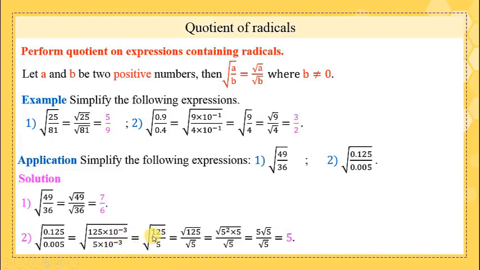By simplifying we get radical 125 over 5. This is equal to radical 125 over radical 5, which is equal, by using prime factorization, to radical 5 squared times 5 over radical 5, which is equal to 5 radical 5 over radical 5, and the final answer is 5.